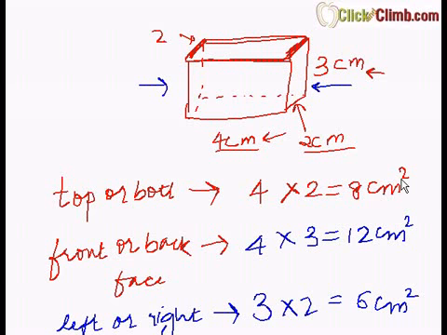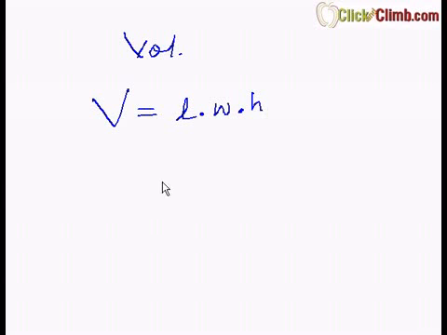Alright, so now we talk about the volume of the prism. Now, like the surface area, volume of the figures is also very simple. Now, for the volume of a rectangular prism, we have a very simple formula: V, that stands for volume, equals L, for length, times W, width, times H, that is the height. Okay, so we know what the length is, we know what the width is, we know what the height is.